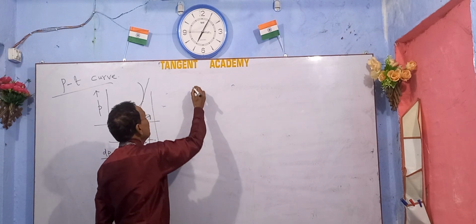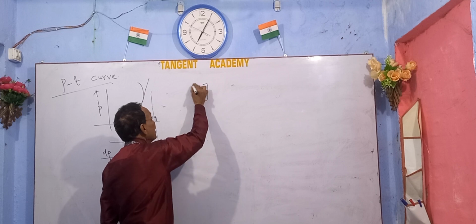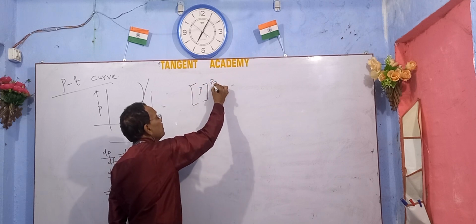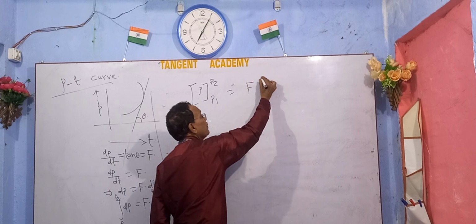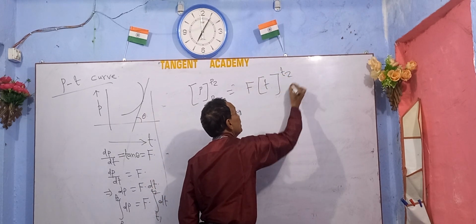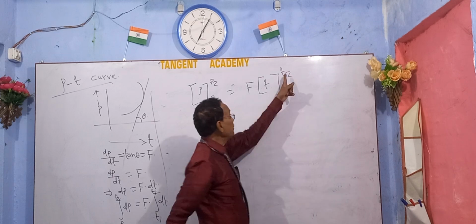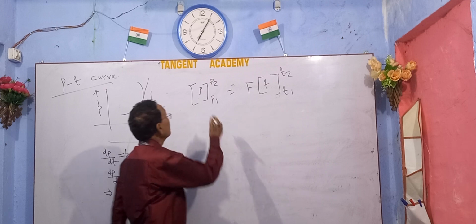Integrating both sides, P under the limits P2 and P1 equals F T under the limits, upper limit T2, lower limit T1.